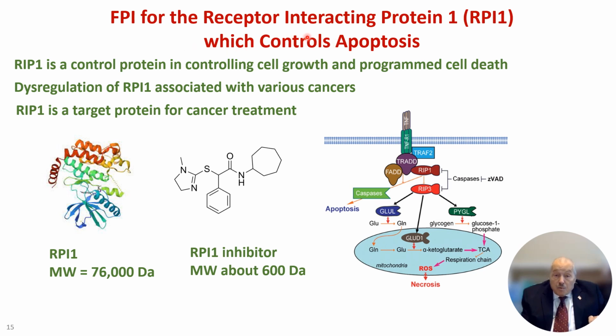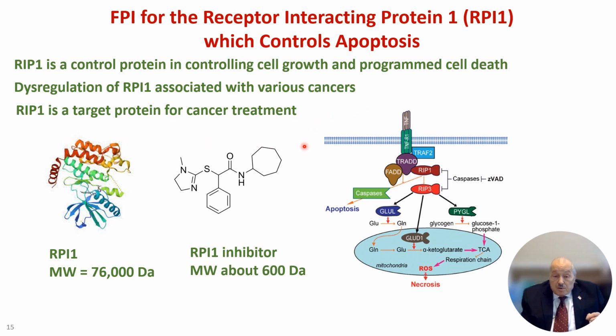What we're looking for is the receptor interacting protein 1, RPI1, which is partially responsible for apoptosis, that's programmed cell death, and you can see it's involved with a chain of other proteins. Dysregulation of RPI1 is associated with various cancers. So this is a target for cancer treatment.